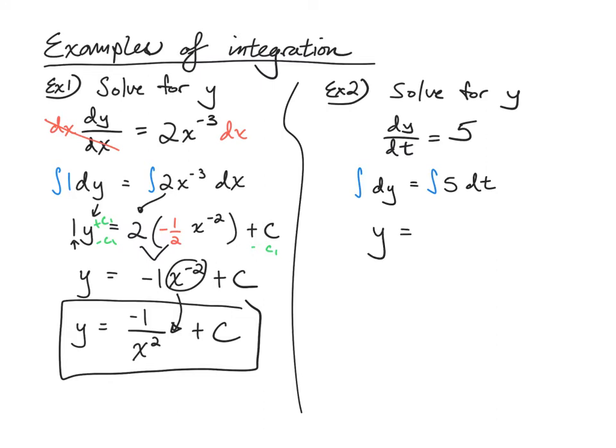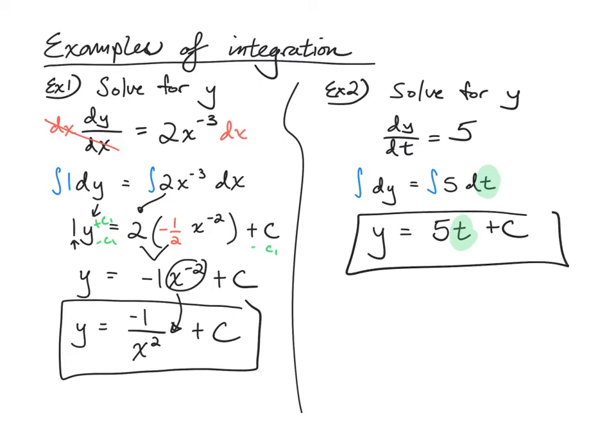The right side this time will turn into 5t, because this variable, whatever we're finding the antiderivative with respect to, has to be the variable that shows up in the expression on that side. And then, of course, our plus c at the end. There we go. All right, let's move on to the next slide.